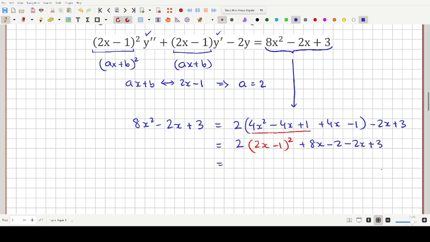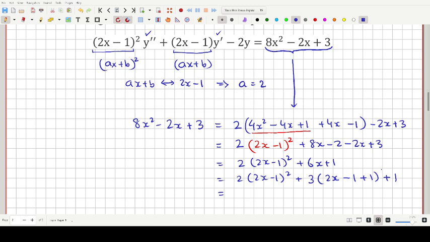So we get this as 2 times (2x minus 1) whole square plus 6x plus 1. Now 2 times (2x minus 1) whole square remains as it is, and this 6x can be written as 3 times 2x. Let's write the 2x as 2x minus 1 plus 1, and then plus 1 at the end as it is in the previous step.